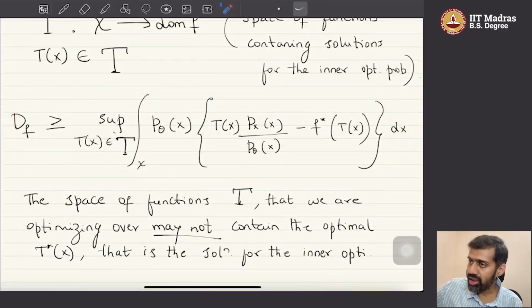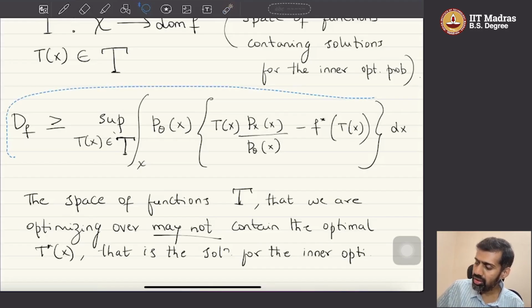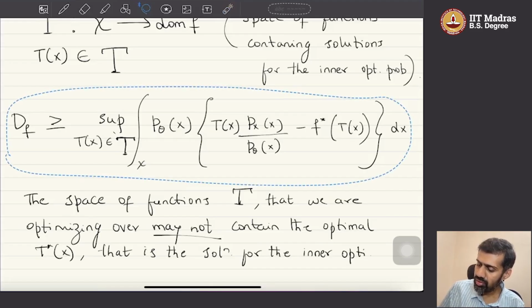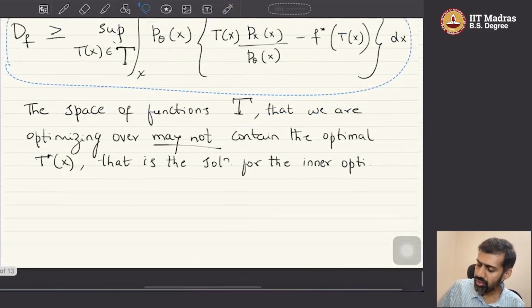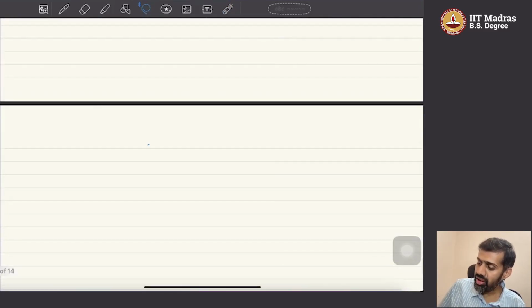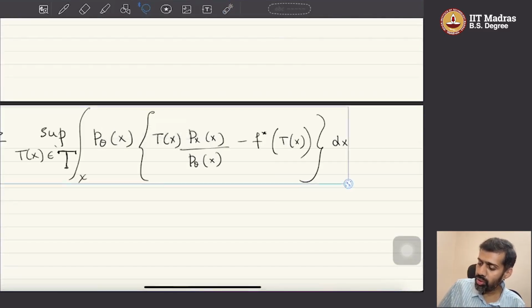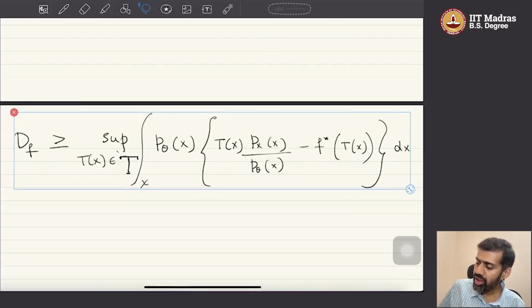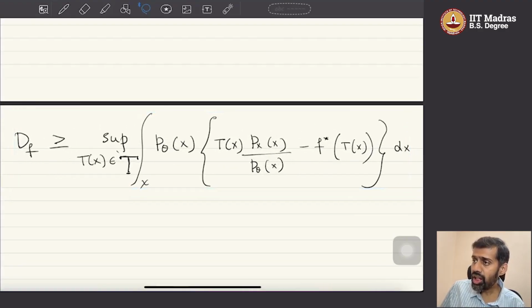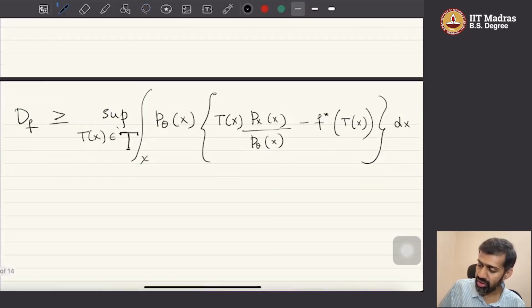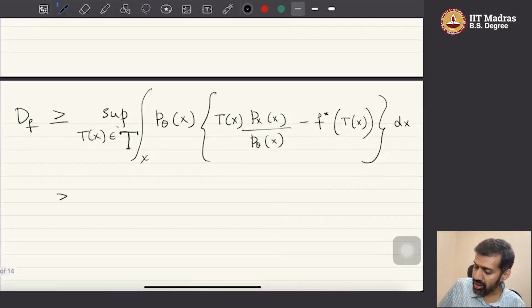So that's the idea. The idea is that this uses the convex conjugate. Okay, so let me just copy this. Now, what we showed so far is that we created a bound on the F divergence. Okay, so let me just complete this. So this will be a supremum over T of x. Okay, and what is the integral here?